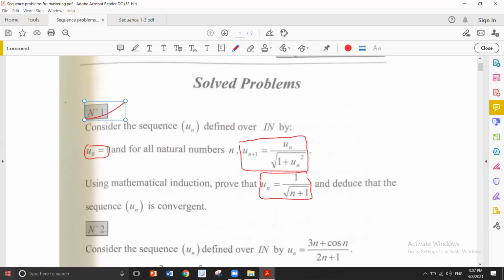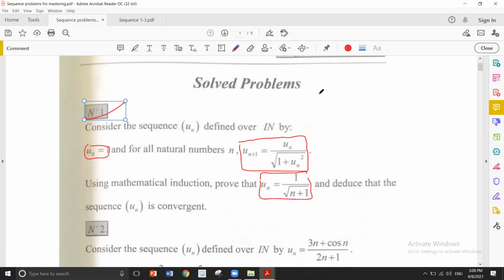How many steps does mathematical induction have? 3 steps. We prove that the relation is true for the smallest value of n. Second step, we suppose the given relation is true. The last step, we prove that this relation is true for n plus 1.